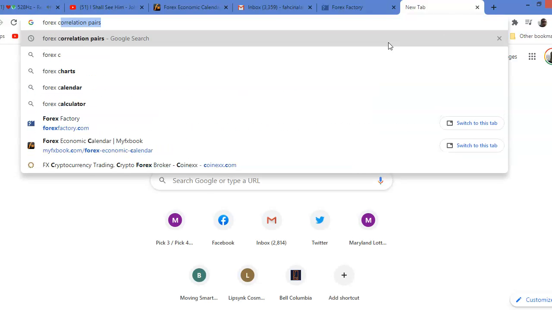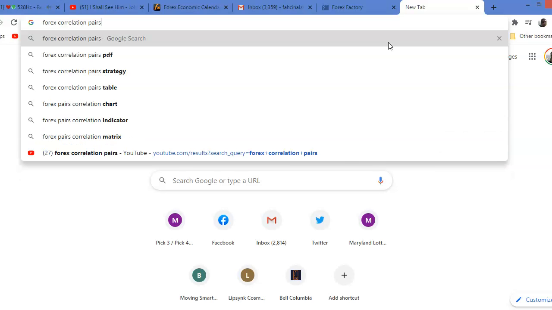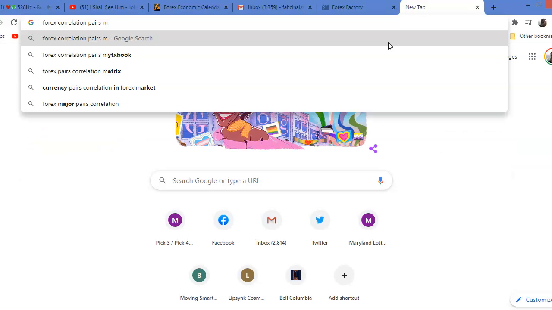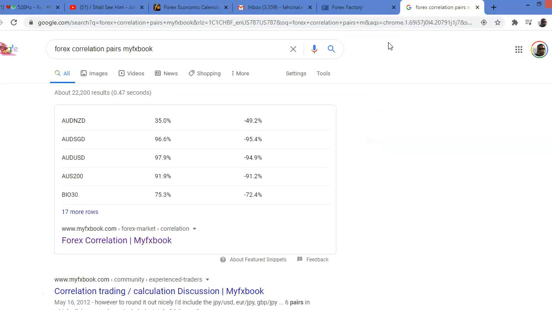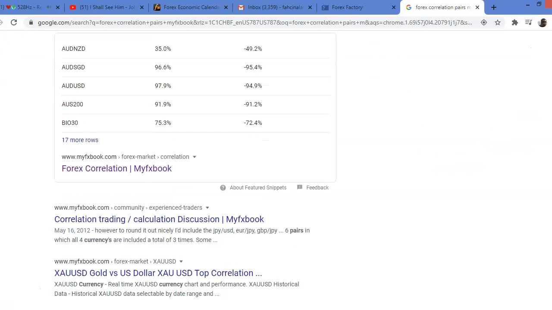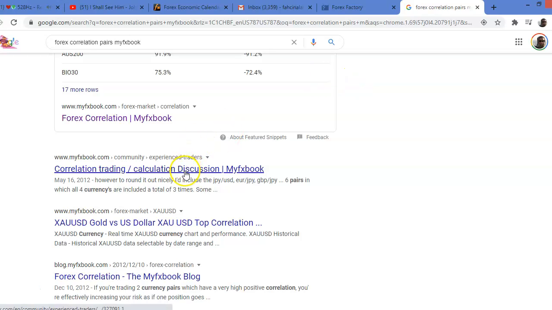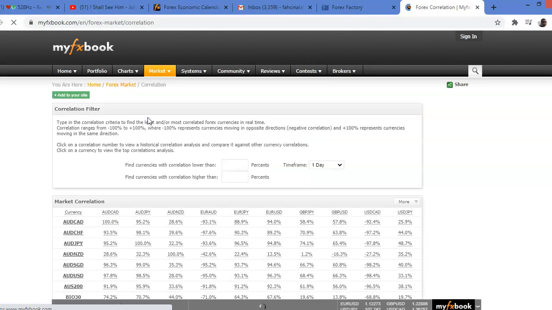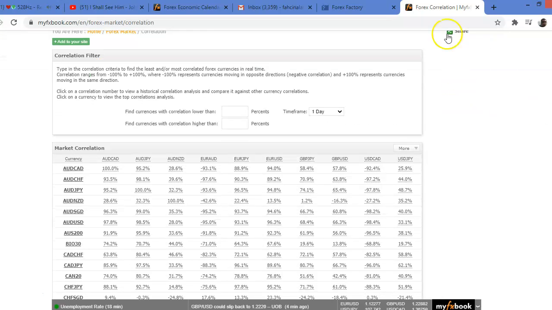Sorry. Forex correlation pairs, my FX book. Where is it? Is this it? Yes, this is it. So like I stated before, I like to trade on the 4-hour time frame.